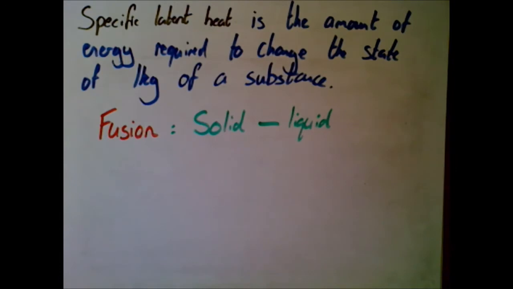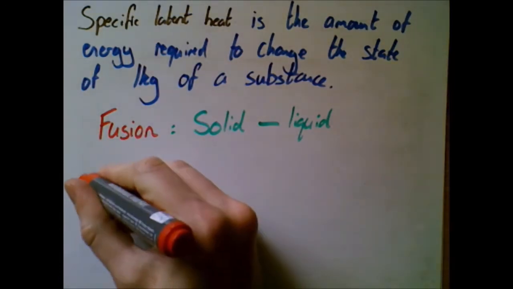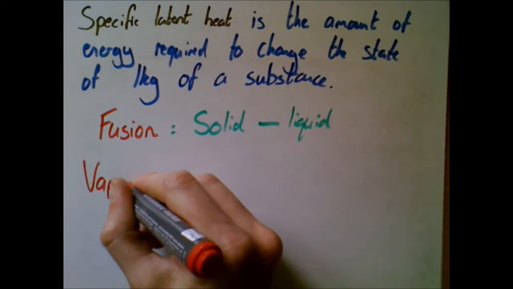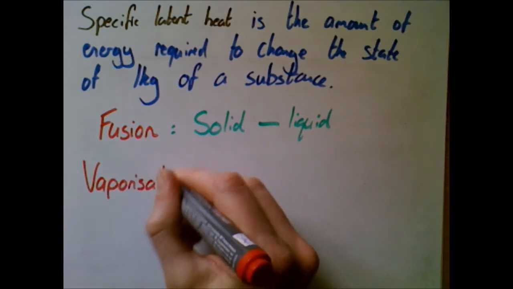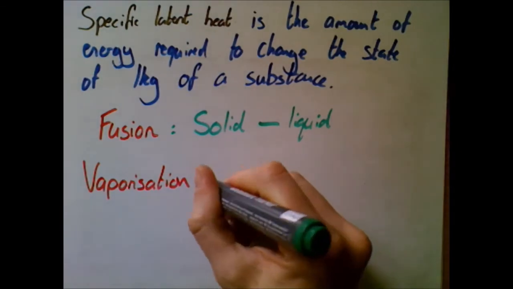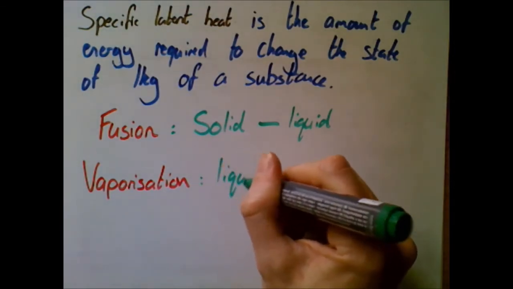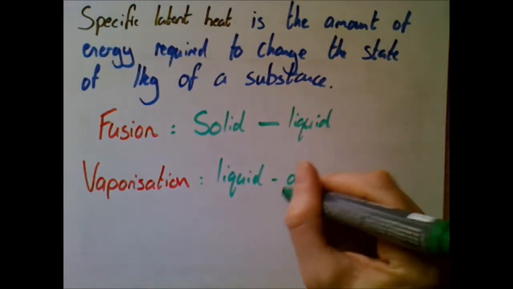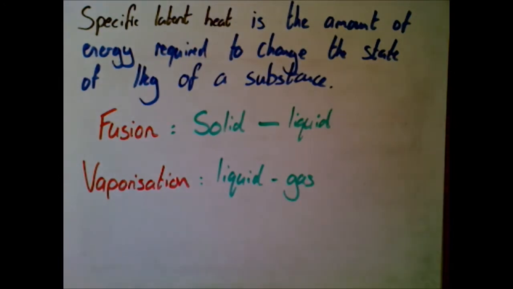And then you can also have what we call the specific latent heat of vaporization, and that is when we're referring to the liquid to gas state change. Hopefully that will become a bit more clear in a second when we look at some examples.